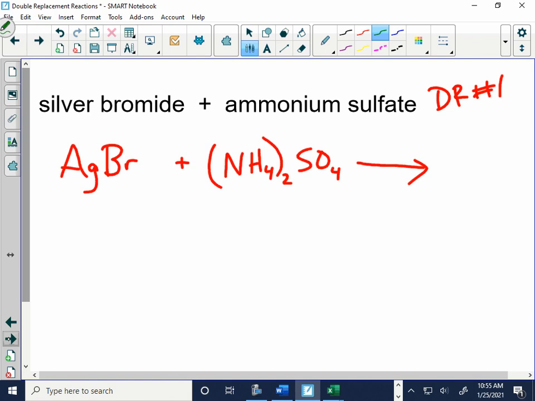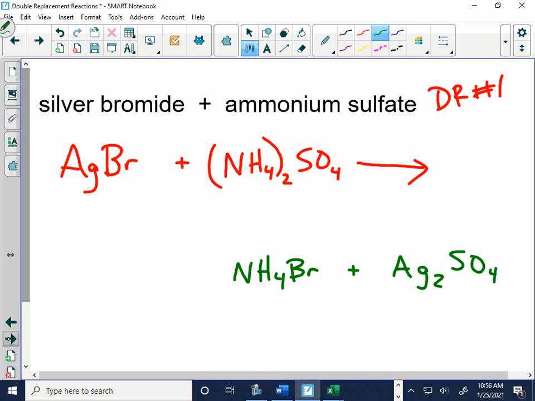I am going to flop my cations. I'm going to switch my cations. So I'm going to get ammonium bromide and also silver sulfate. So I've switched my cations.